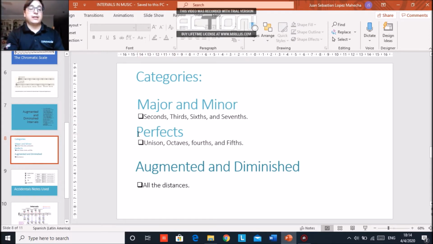On the perfect category, we have unisons, octaves, fourths, and fifths. And augmented and diminished all the distances. So basically we can have an augmented unison, augmented seconds, augmented thirds, augmented fourths, fifths, sixths, sevenths. Diminished is the same.